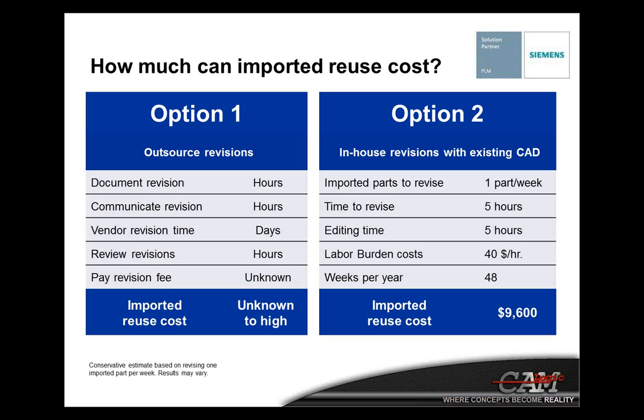Adapting just one supplier model per week to meet your needs can cost you close to $10,000 per year. If you are looking at cutting product costs, make sure you are able to edit imported data with the same speed and flexibility as if it were a native design. Now let's take a look at a way that you can reach those goals.